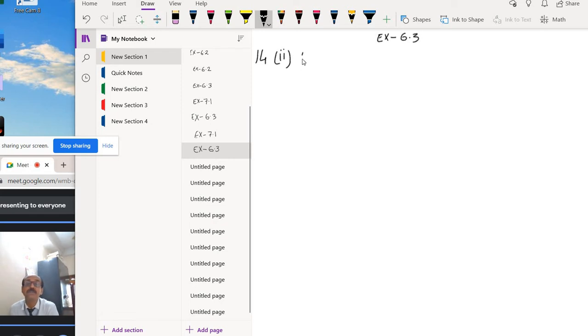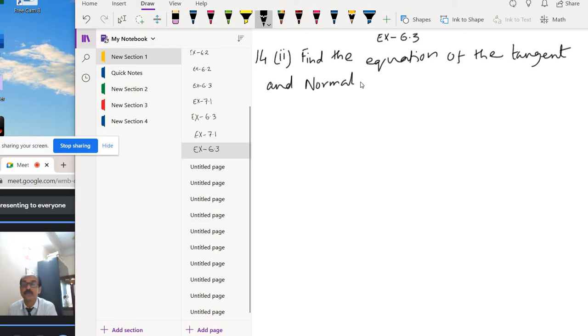Find the equation of the tangent and normal to the given curve.